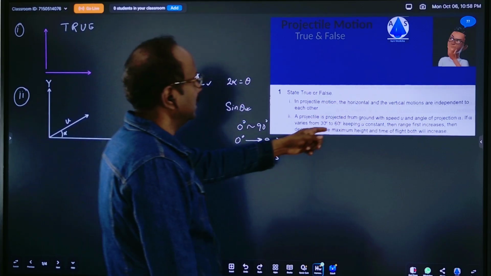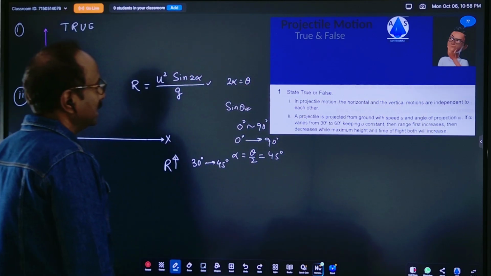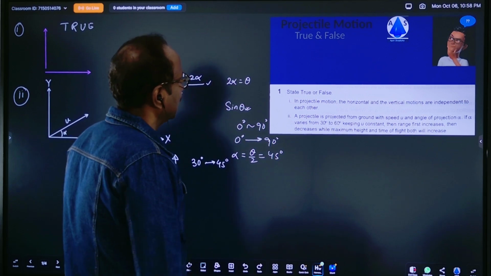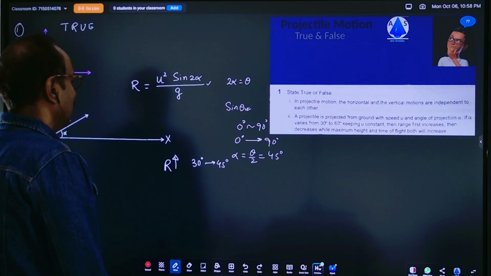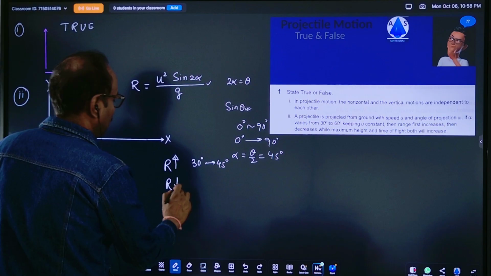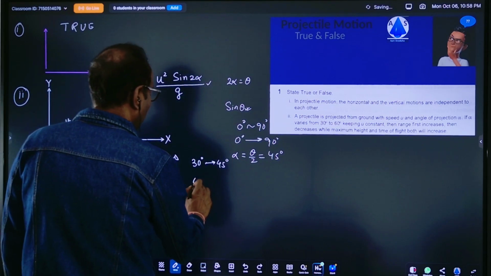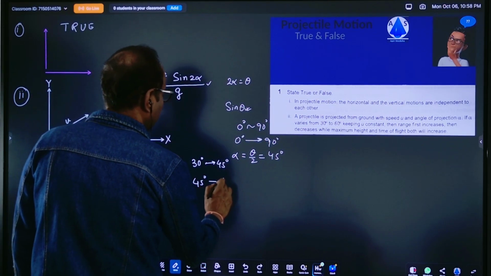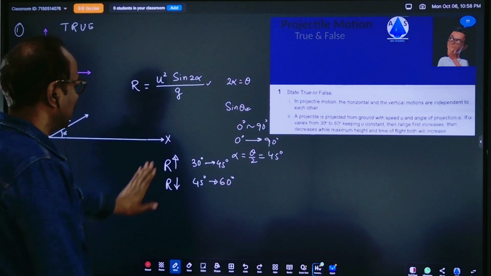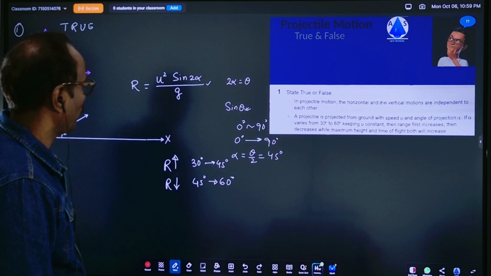So this 60 degree of alpha will make theta 120 degree. Means from 90 to 120 degree, the value of sine theta will decrease. So we can say that R is decreasing from 45 degree to 60 degree. So about the range, the statement given is true.